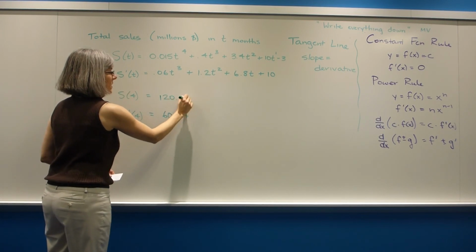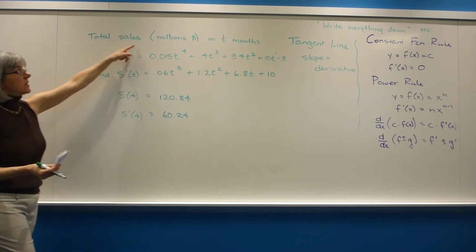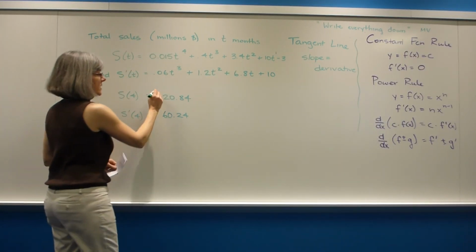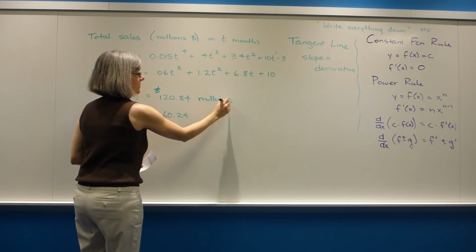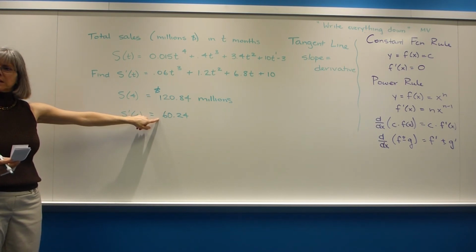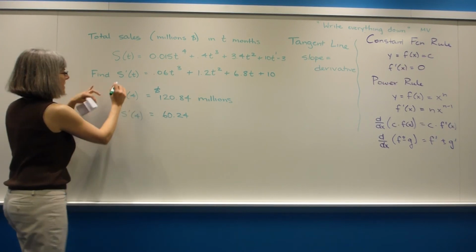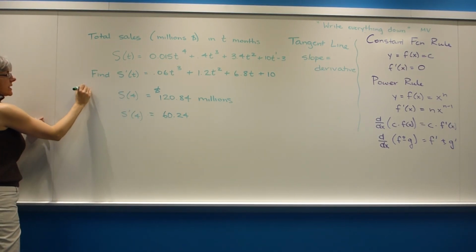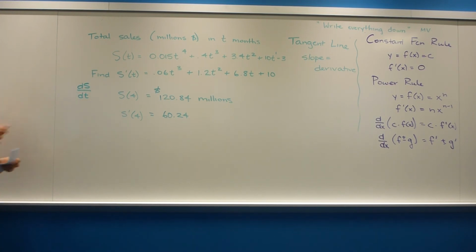120.84. What do those numbers mean? What is S? S is millions of dollars. So this is millions. What about this one? So how much it increases over the months? Yeah, so let's think about S prime. We can really write that ds dt. When you write it that way, the units become really clear.